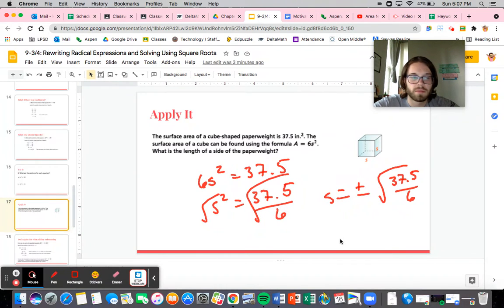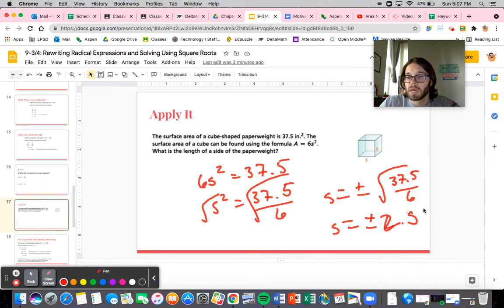Oh, it's actually 2.5. Huh. What's 37.5 divided by 6? Oh, 6.25. How nice. Anyway, plug that in, it actually ends up quite nice at 2.5. How lovely. All right. Should have done that one out first.